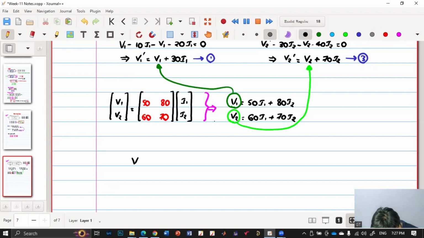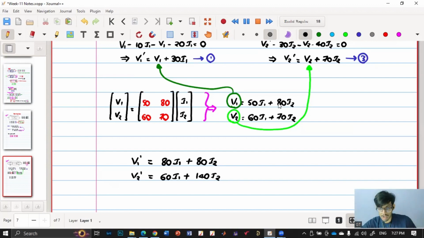Our V1 dash equals V1 plus 30 I1, so we get 80 I1 plus 80 I2. Similarly, V2 dash equals 60 I1 plus 70 I2 plus 70 I2, that is 140 I2.